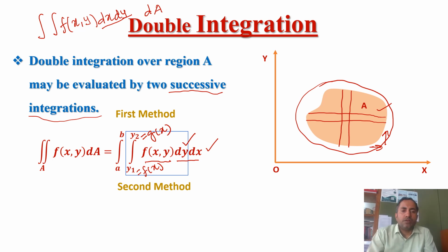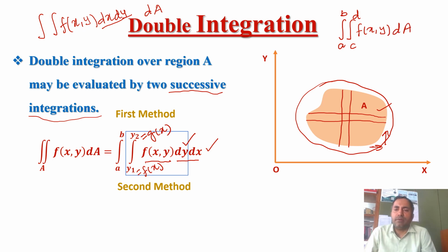Okay, if these two limits are constant, suppose I write here a to b and c to d, for some function that you want to evaluate. The area of integration over this region, you are integrating a to b here, and c to d that you can integrate.